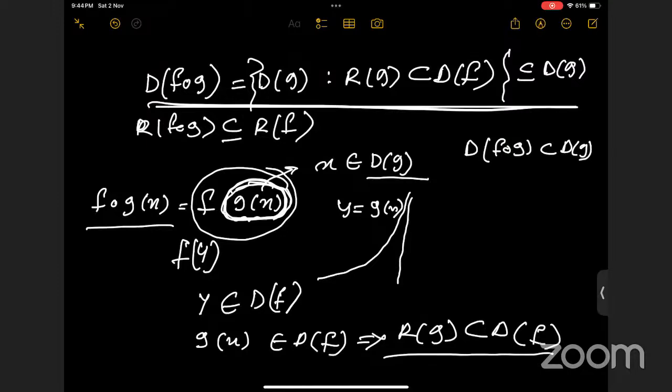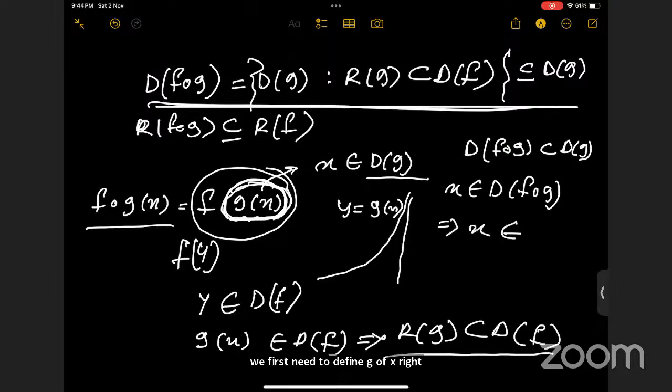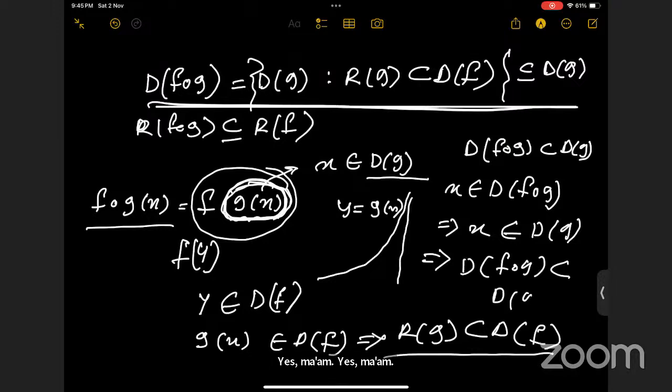Suppose there is some x in the domain of the composite function, then we first need to define g of x, right? So it will imply this x belongs to the domain of g. So from this we can imply this line: the domain of the composite function will be a subset of the domain of g.